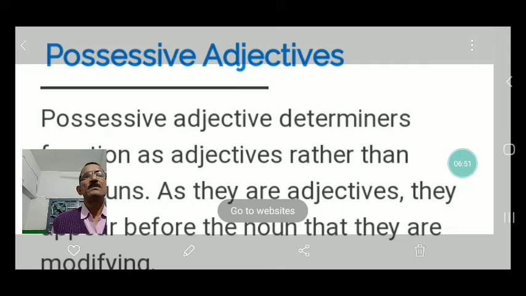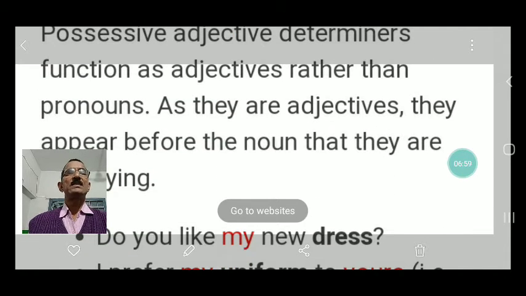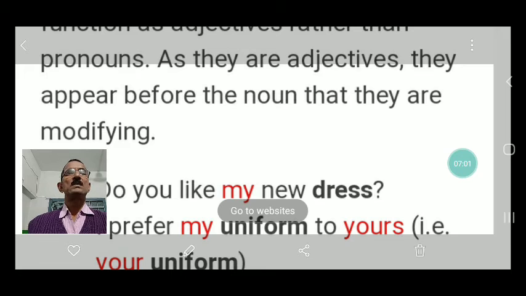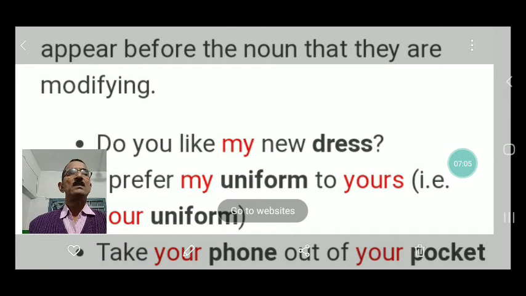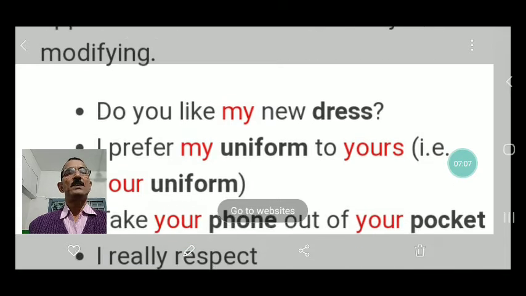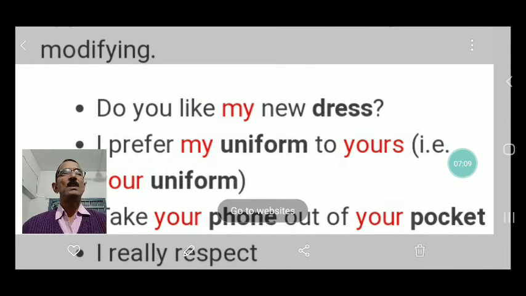Actually, possessive adjectives or possessive determiners are used here. Possessive determiners function as adjectives rather than pronouns. As they are adjectives, they appear before the noun that they are modifying. Do you like my new dress? Here, dress is the noun, my is an adjective, but here it is used as a determiner.